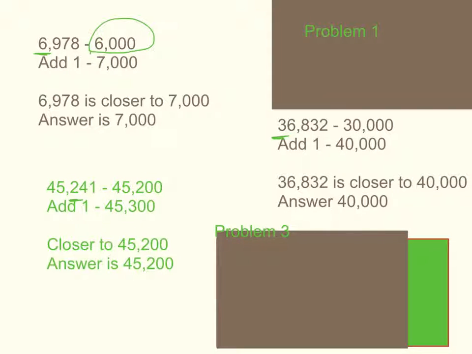Then you need to look: is 36,832 closer to 40,000 or 30,000? Hopefully you realized it was closer to 40,000. So 36,832 rounded to the nearest 10,000 would be 40,000. Hopefully you got these 3 correct. If not, watch the program again and see if you can figure out where you made your mistake.